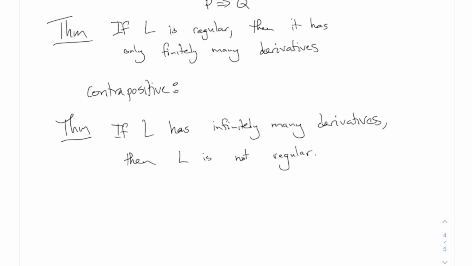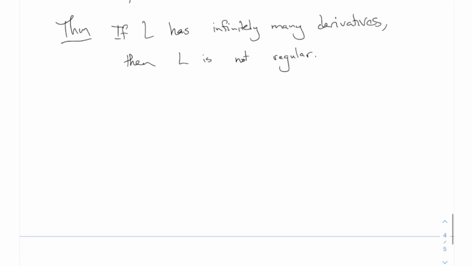And this is the way to prove that something is not regular. You demonstrate that it has infinitely many different derivatives. In most examples, that's pretty easy to do. You don't have to try too hard. If L has infinitely many derivatives, then L is not regular.